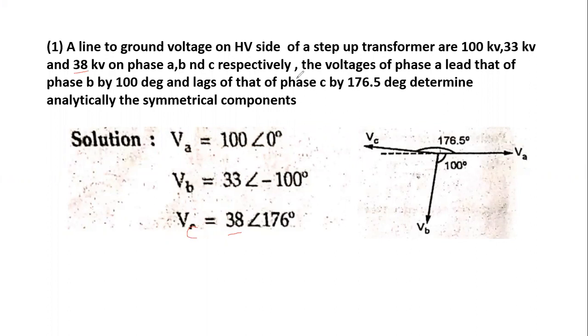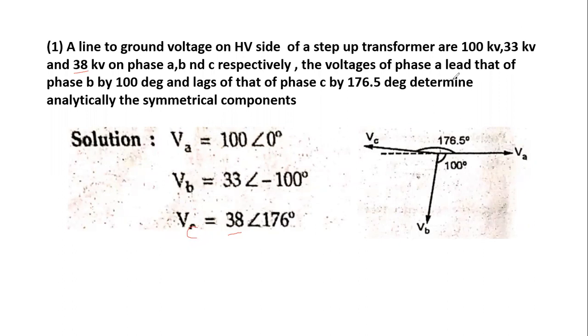A lags C, which means C leads A, and leading means we consider it as plus. Therefore, the voltage at C phase is 38 at an angle of 176.5 degrees. These are the voltages at each phase with respect to the angles.